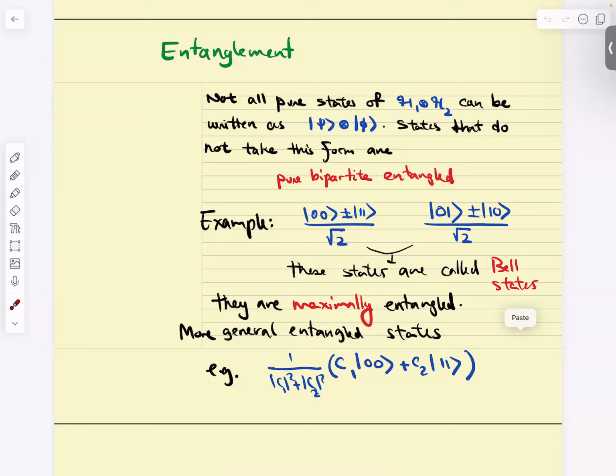If I put this, so here's another entangled state, 1, 0, 0, 1 plus a number that is 1 minus this square, right? Because of normalization. So imagine I have C1 and C2, 1 over C1 squared plus C2 squared. Actually, even take it to be real variables.